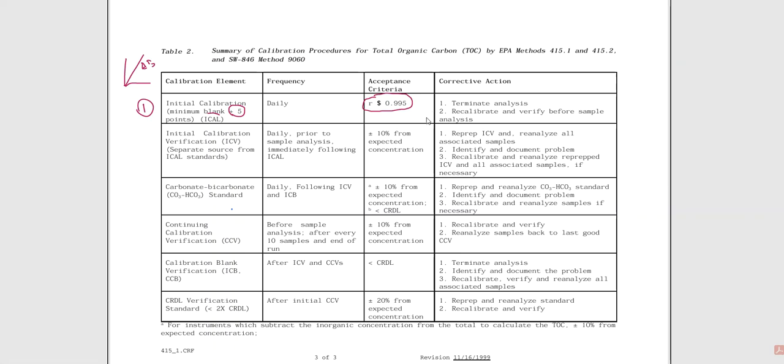Notice it says corrective action. If it is not 0.995, you're going to terminate the analysis. Everything just stops. Number 2, you're going to recalibrate. And then you're going to verify that it does meet 0.995 or greater before you go further in the analysis.